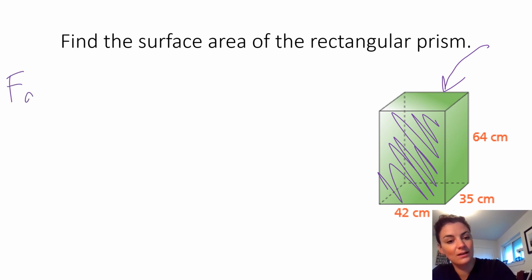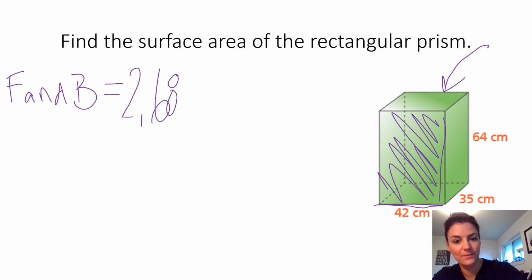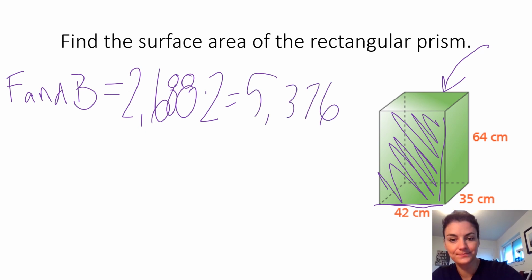Front and back. So let's see, the front or back will be 42 by 64. So to find the area of that rectangle, I'm going to do 42 times 64, which is 2,688. And then I have to multiply this by 2 because the front and back are the same. So that comes to 5,376.